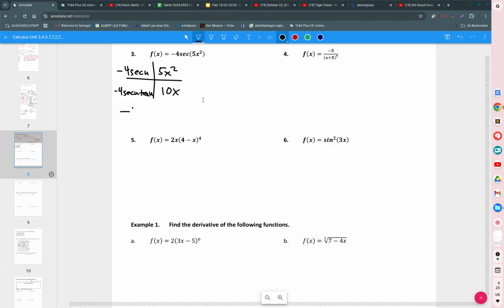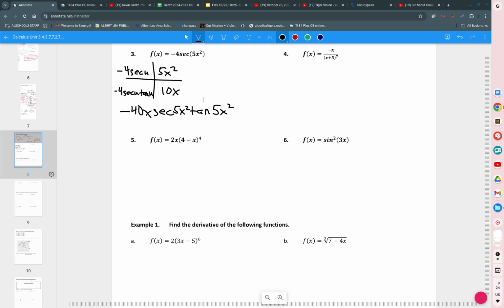I multiply, I get negative 40x secant of 5x squared, tangent of 5x squared. No big deal, right? Piece of cake.